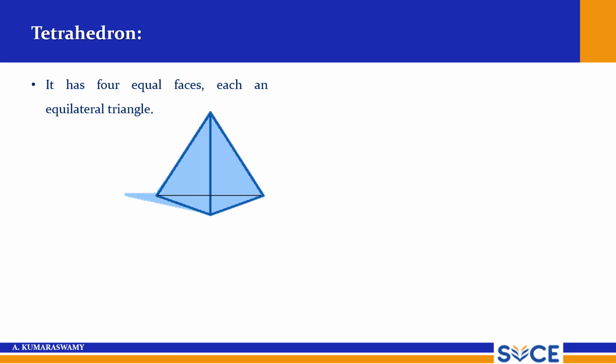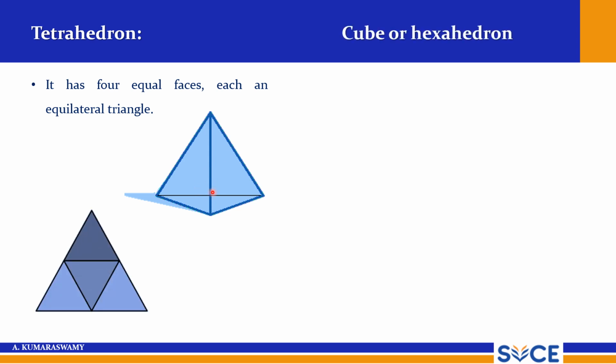This is the tetrahedron. It has 4 equal faces, each an equilateral triangle. If you open it up, we will get this shape. There are 4 faces, and if we fold them, we will get a tetrahedron.